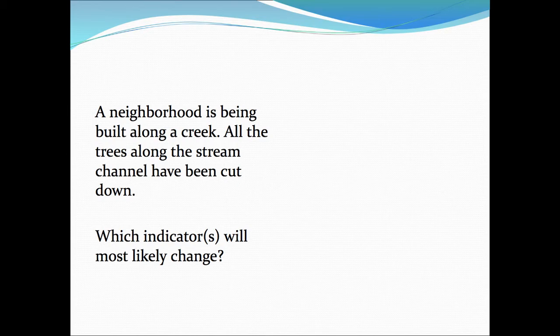If temperature changes, remember temperature can also change dissolved oxygen. The hot water can make the dissolved oxygen go down. And also, building increases erosion. Erosion causes an increase in turbidity. So turbidity, temperature, and oxygen.